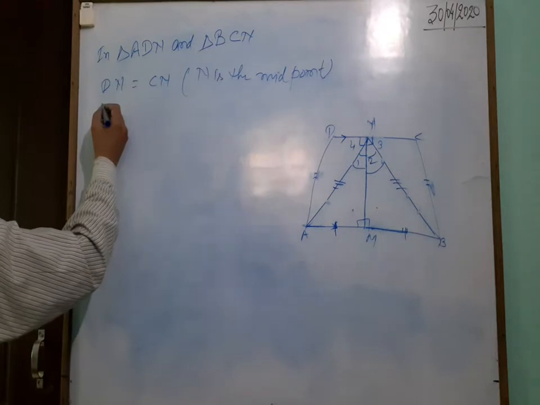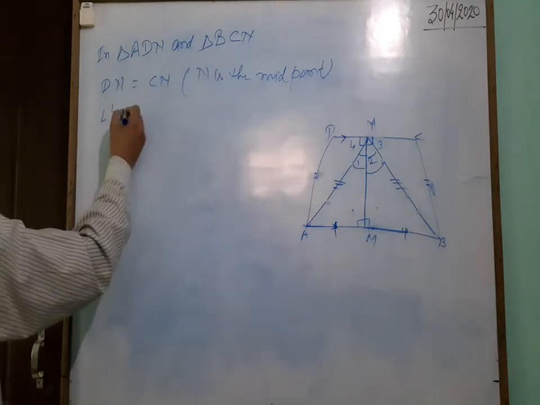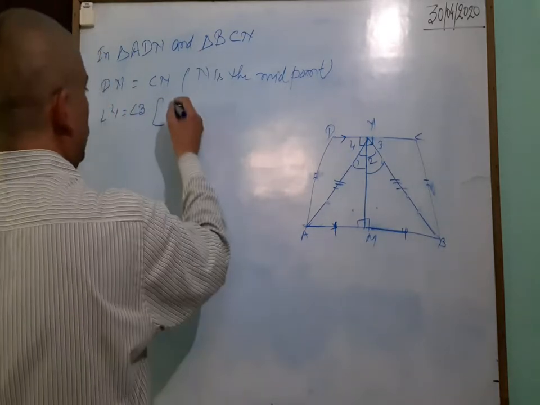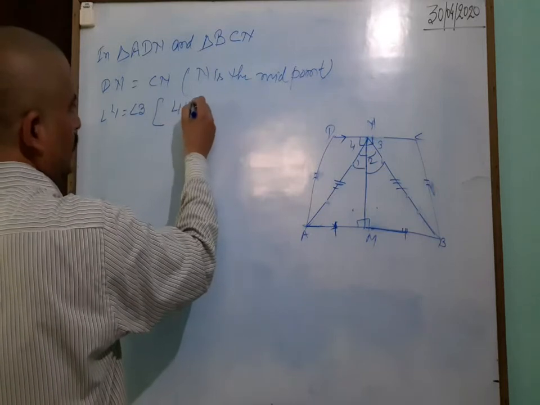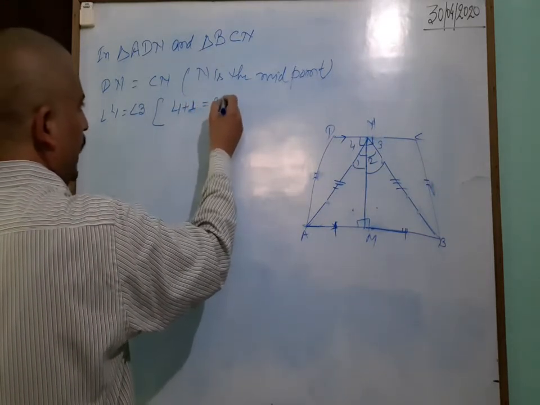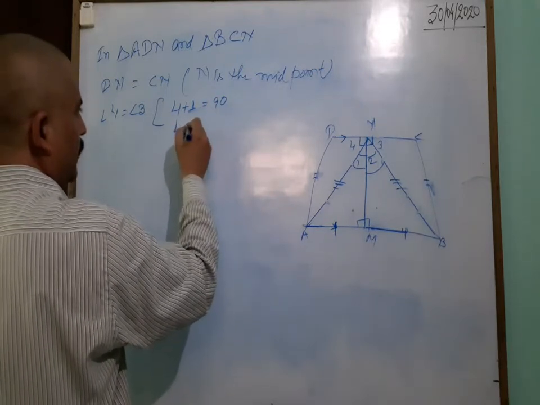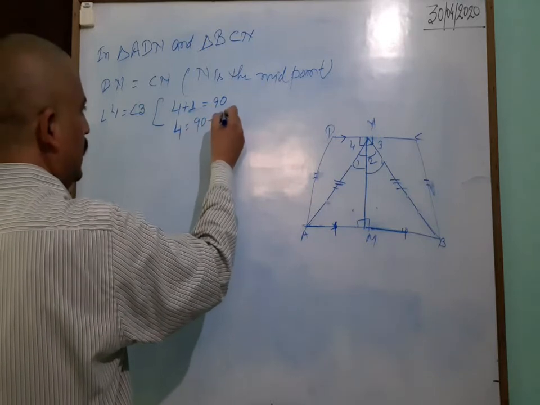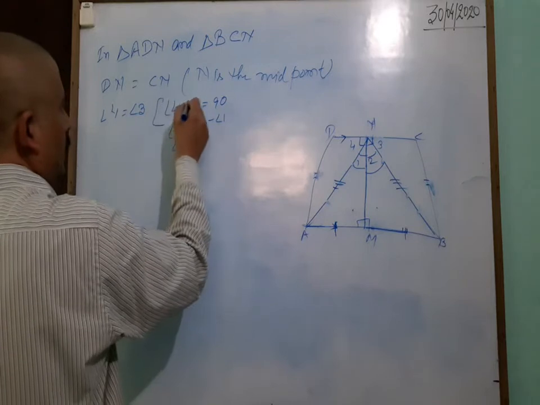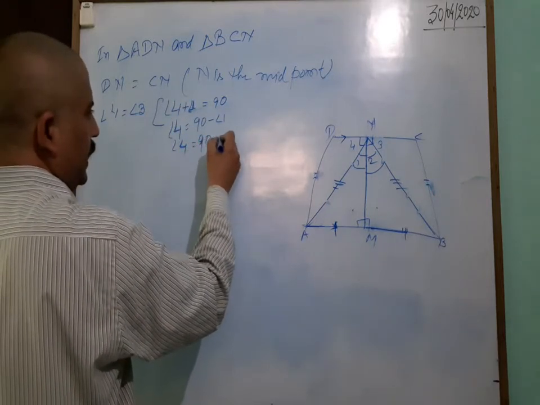Angle 4 equals angle 3 because angle 4 plus angle 1 is equal to 90, so angle 4 equals 90 minus angle 1, and also angle 4 equals 90 minus angle 2 because angle 1 is equal to angle 2.